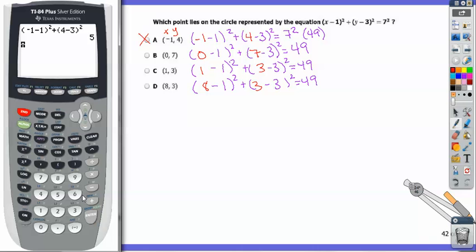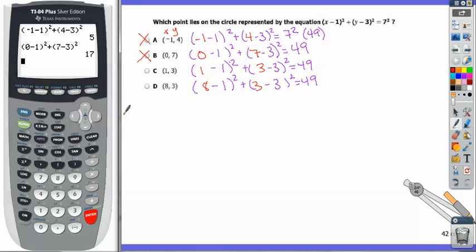Now instead of typing all that over again, I could just hit second entry, and it's all there. Just scoot over with my lovely arrow, and I'm going to type in 0, and 7. Hit enter, and I get 17. 17 is not 49.